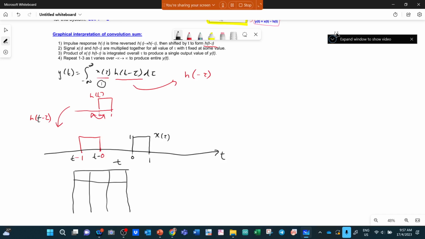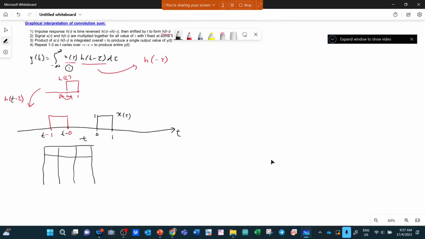Okay, so we start. So find the non-overlapping area lah first. So at T equal to what? What do you think is the non-overlapping area?